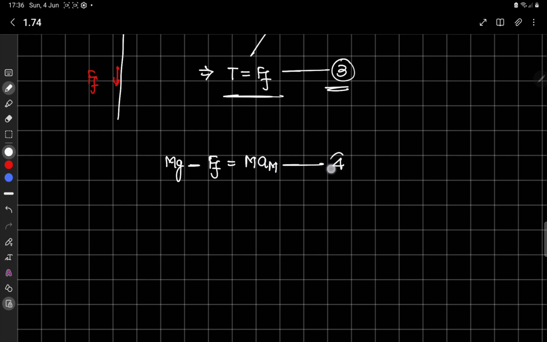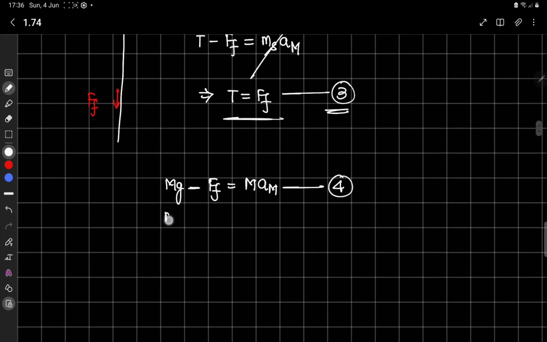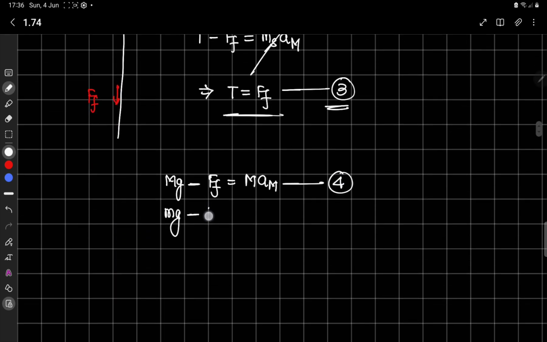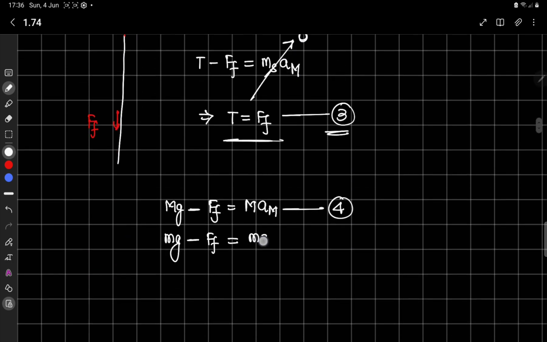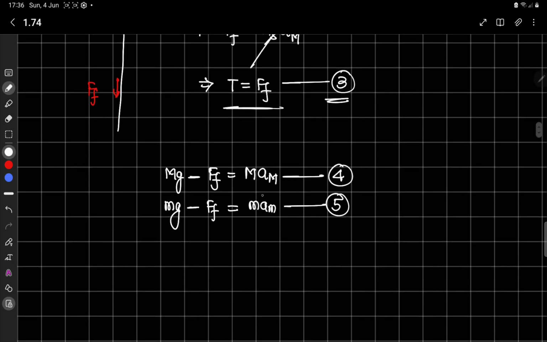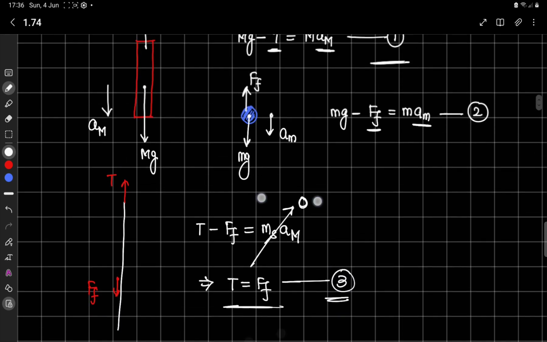Let us say this is the fourth equation, and let us rewrite the second equation: small mg minus capital F is equal to small m into a_m. Let us consider this as the fifth equation. Now again we have three variables, that is capital F, A_M and a_m. So we should have another equation to solve these.